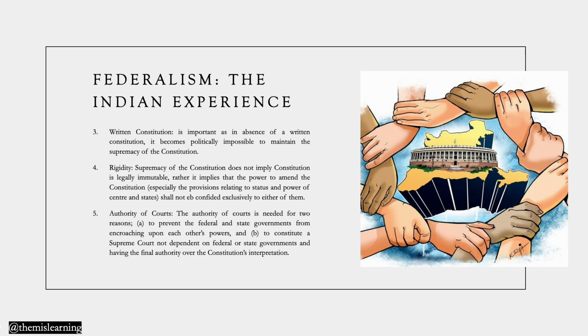The authority of courts is needed for two reasons. First, to prevent the federal and state governments from encroaching upon each other's powers, and second, to constitute a Supreme Court not dependent on federal or state governments and having the final authority over the Constitution's interpretation.